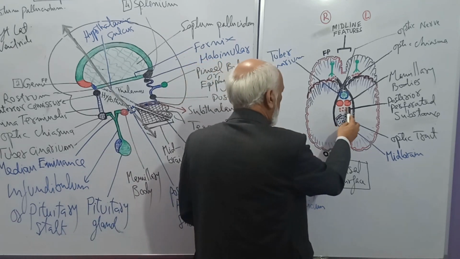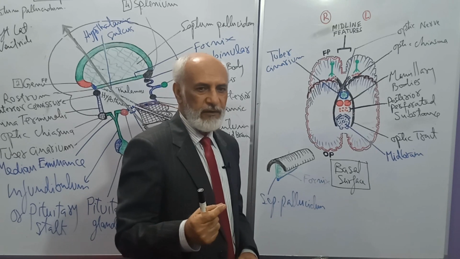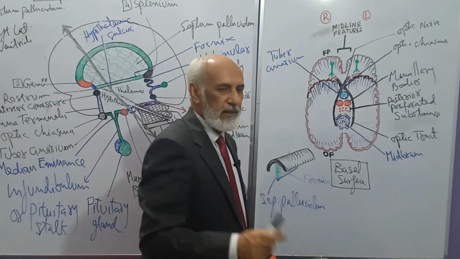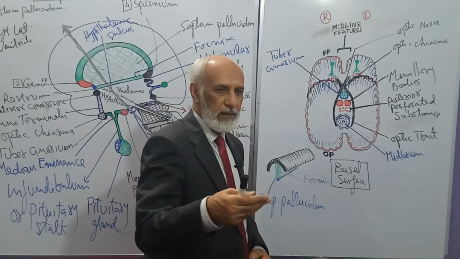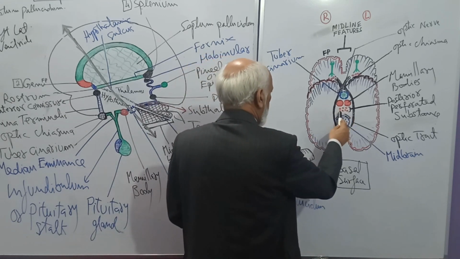Now, part of the posterior perforated substance is on the basal surface of the cerebrum in the midline, and part of it is on the anterior aspect of the midbrain, which I will show when we discuss the midbrain. This is the posterior perforated substance.